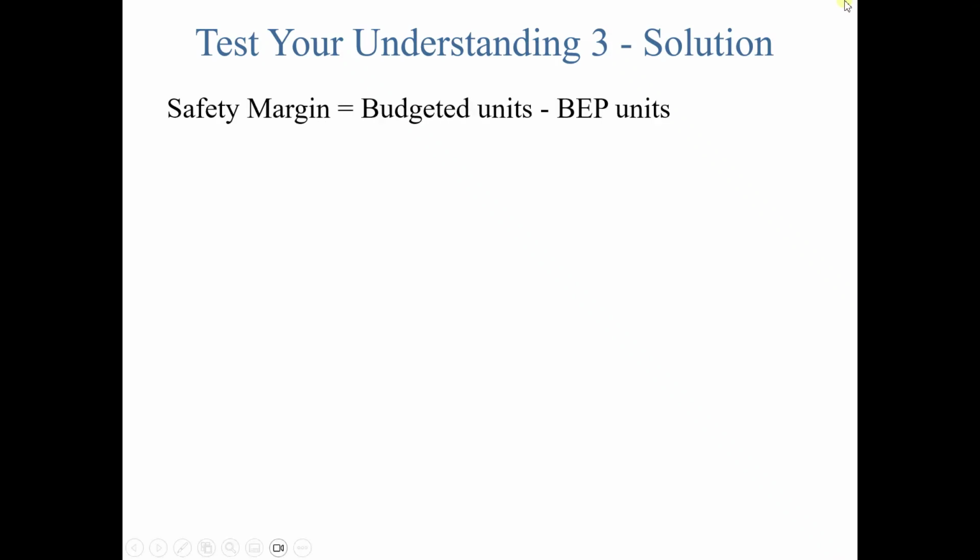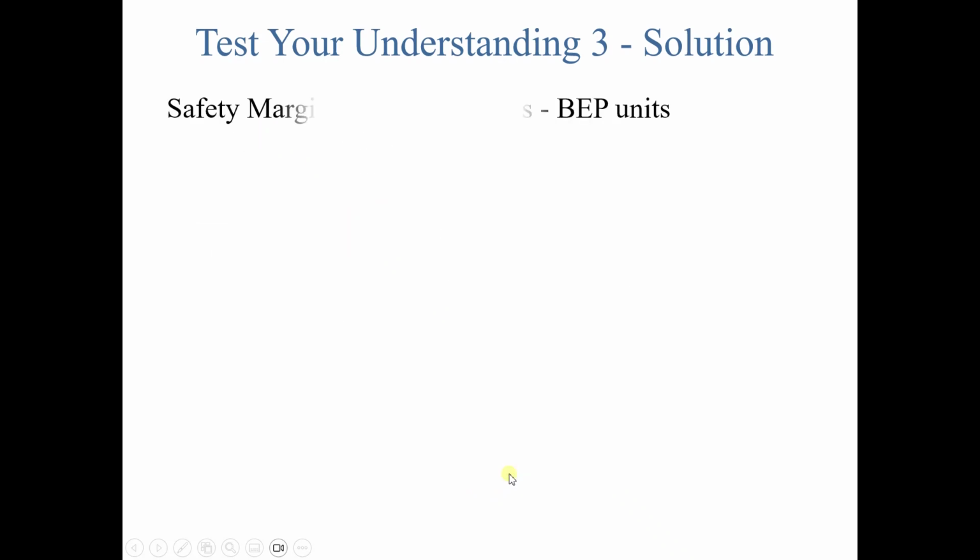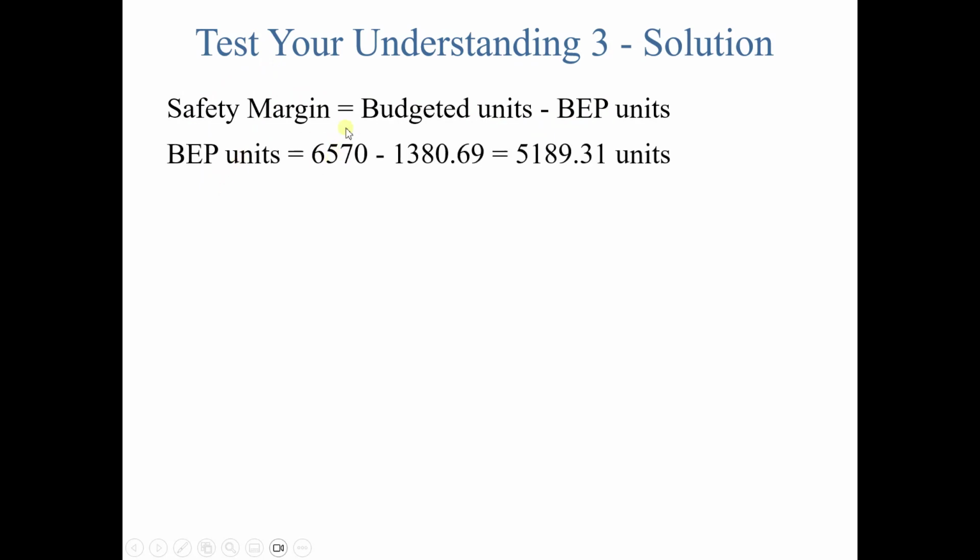Safety margin, I told you, is equal to budgeted units minus break-even point units. In the previous example, if you remember, it was 13,000 minus 10,000. But in this case, I don't have this value. I have this value. Safety margin is 1,380.69. So if I do the arrangement, I can write like this: break-even point is equal to budgeted units minus safety margin.